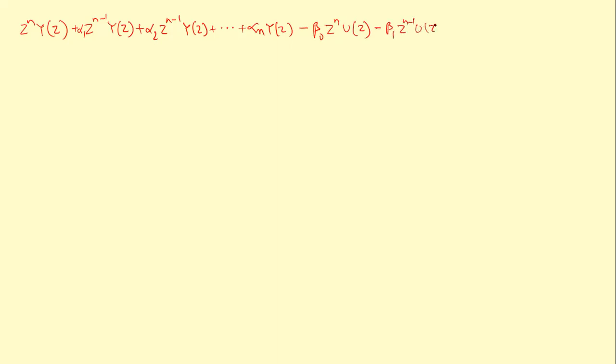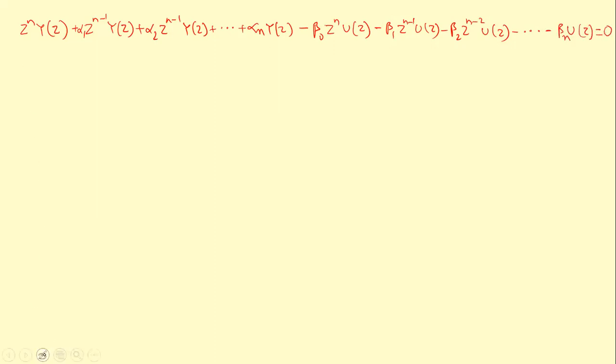So we have z^n Y(z) plus alpha 1 z^(n-1) Y(z) plus alpha 2 z^(n-2) Y(z) plus up till alpha n Y(z), and we have minus beta naught z raised to the power n U(z) minus beta 1 z raised to the power n minus 1 U(z) minus beta 2 z raised to the power n minus 2 U(z), and up till minus beta n U(z) is equal to 0.